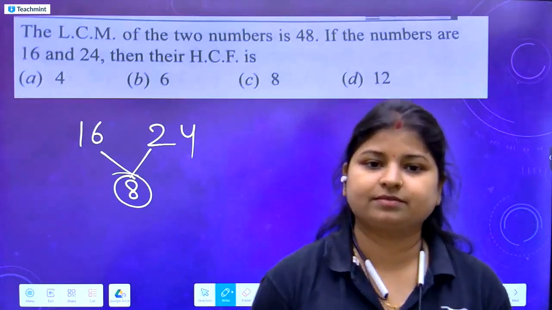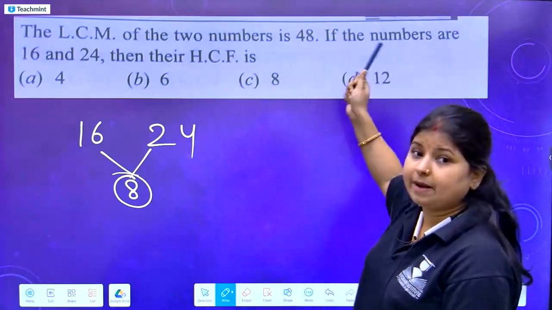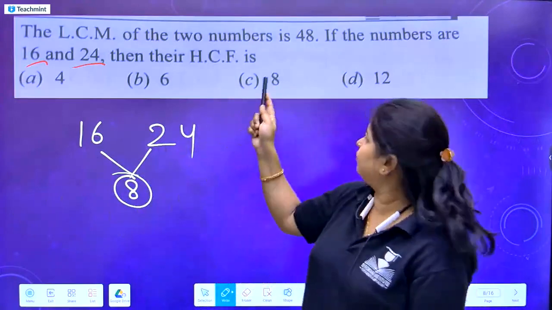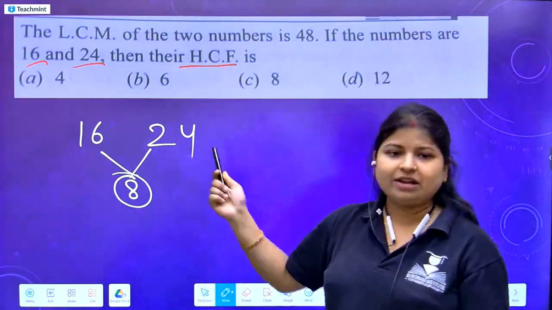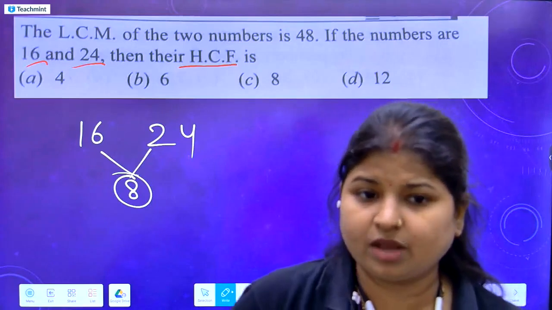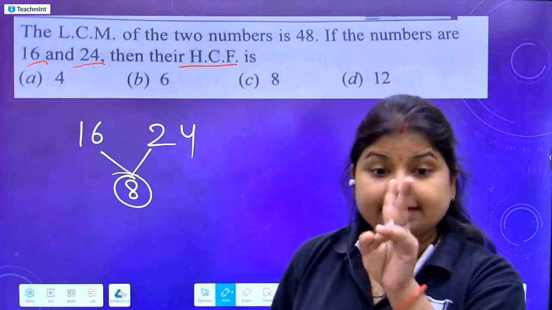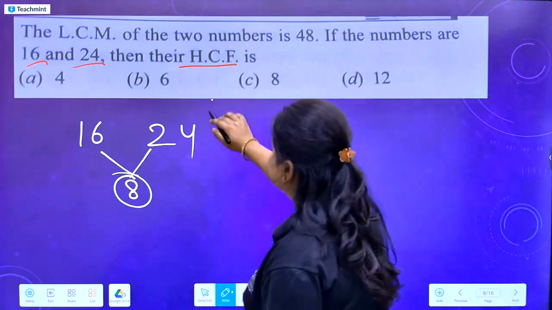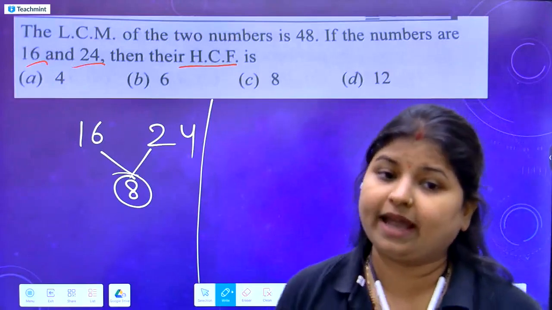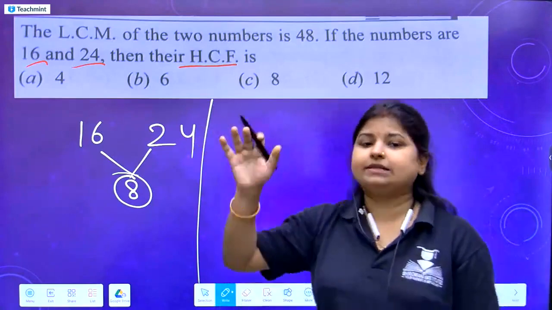Okay? Okay, ma'am. So first thing is, the numbers are given to us, 16 and 24, and we have to calculate the HCF. So I will calculate 16 and 24 ka HCF, 8, because the numbers are given. But the second concept is the formula that I told you. That formula will not be required when the numbers are given.